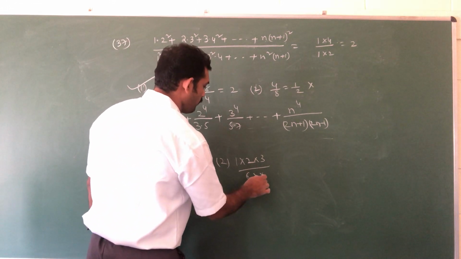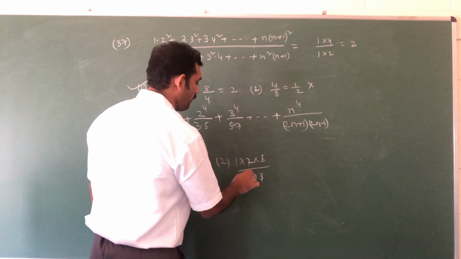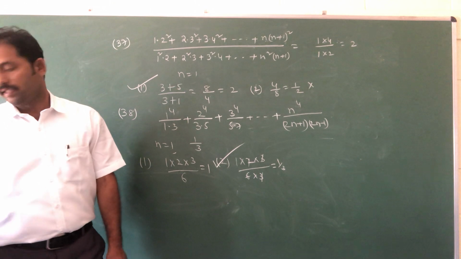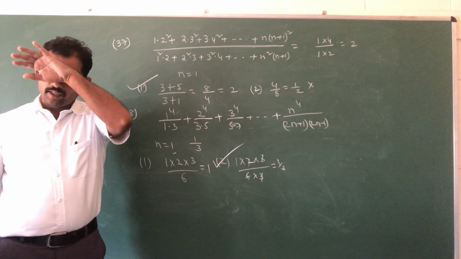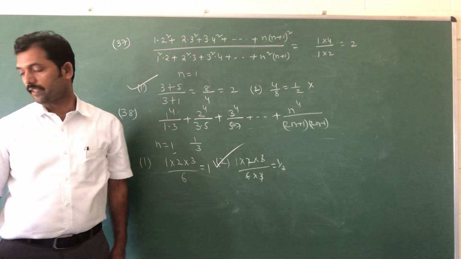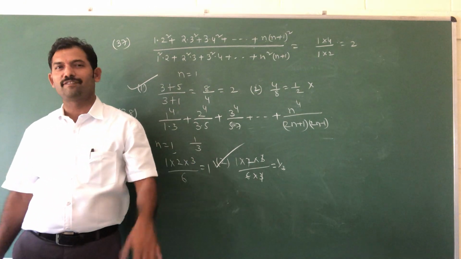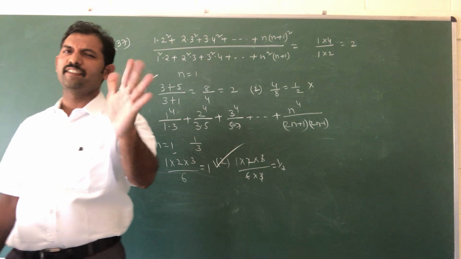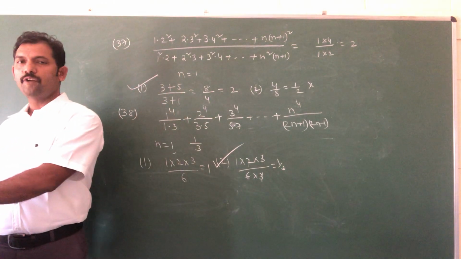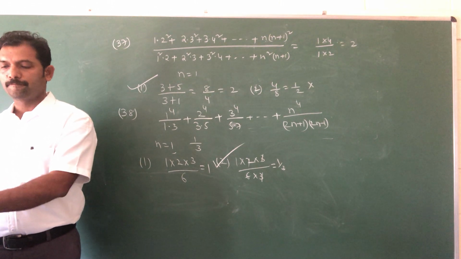Simplified, you are getting 1/3. So option 2 is correct. So no need to check third and fourth. There are no fractions, that's why no need to check those two. You have to verify the first two options only.